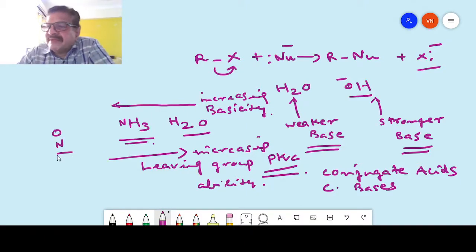Increasing basicity right to left, and left to right it will be increasing leaving group ability. As the basicity decreases, the leaving group ability increases. Now this is across a row of the periodic table.